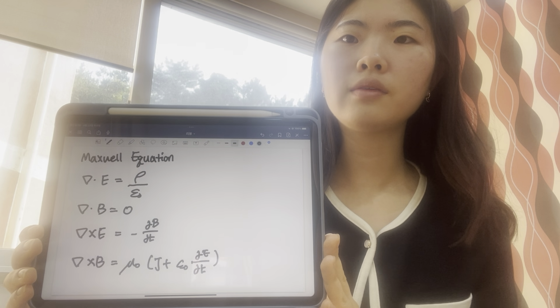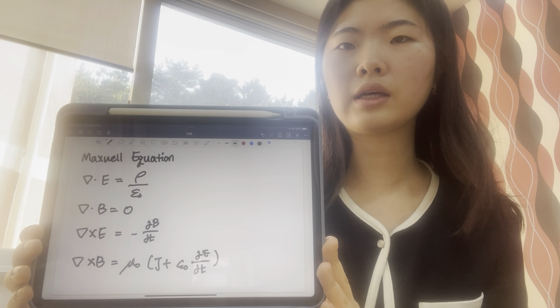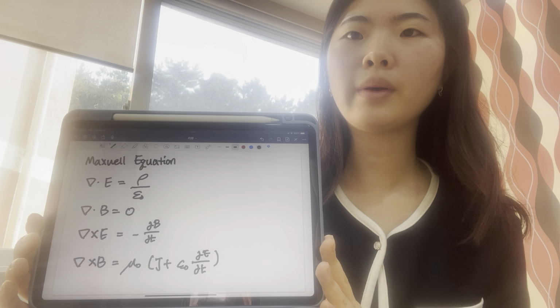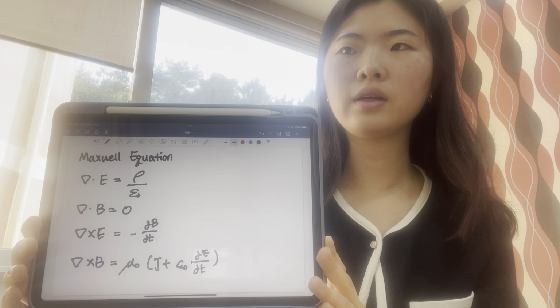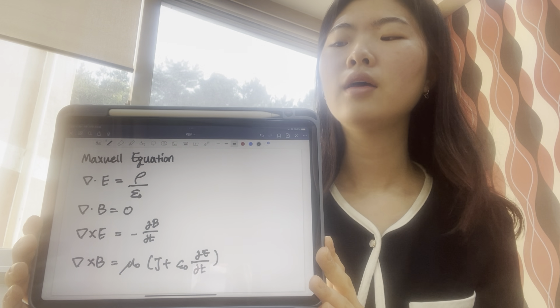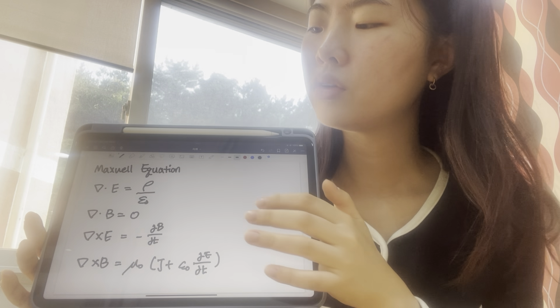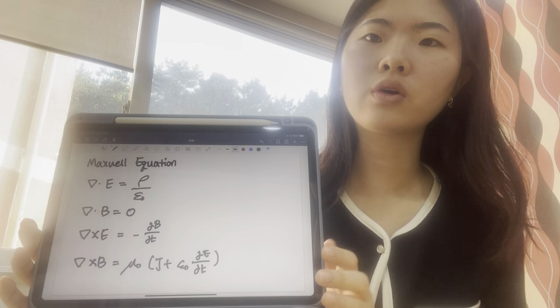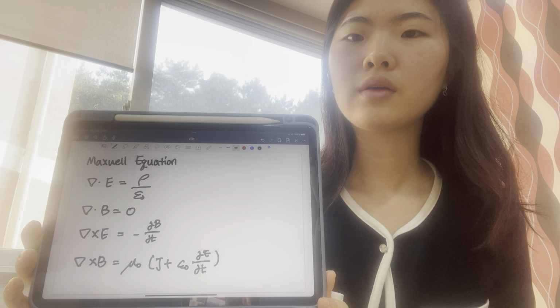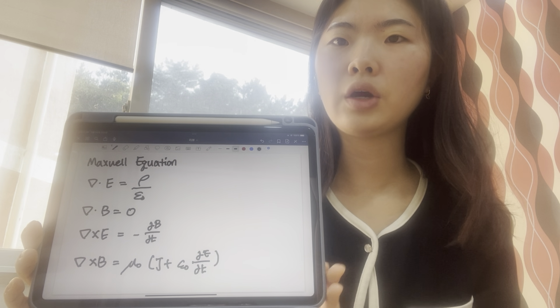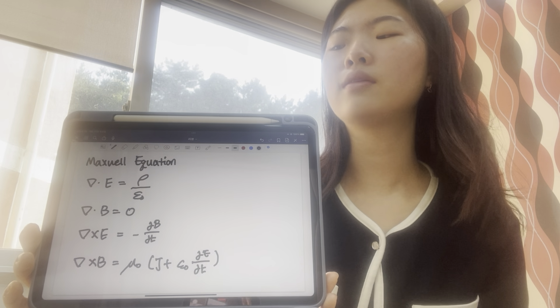So first, let's talk about the Maxwell equations. This is the basic equation of electromagnetics. So we should know those 4 equations because this is the basic theory of electromagnetics.